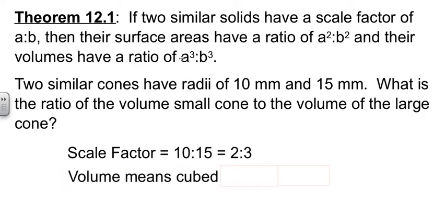Remember, this theorem tells me volume means to work in cubes, so I need to cube both parts of the ratio. 2 cubed is 8, 3 cubed is 27, so the ratio of the volumes is 8 to 27. Fairly straightforward.